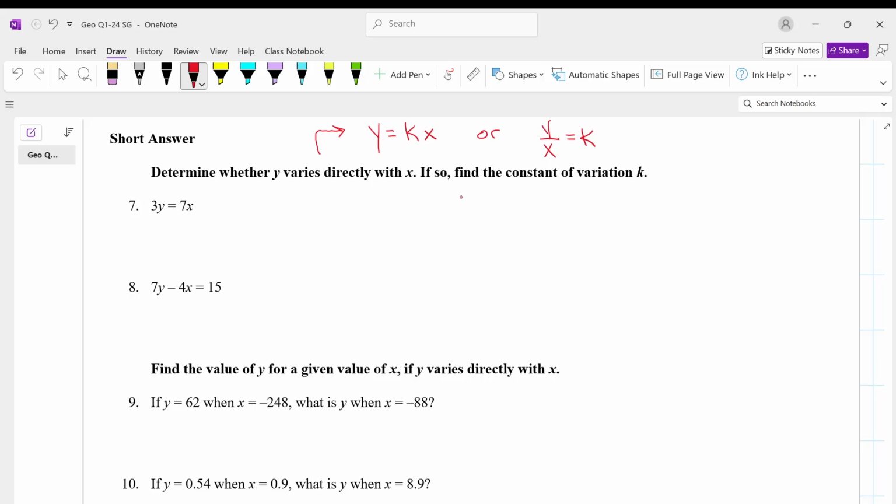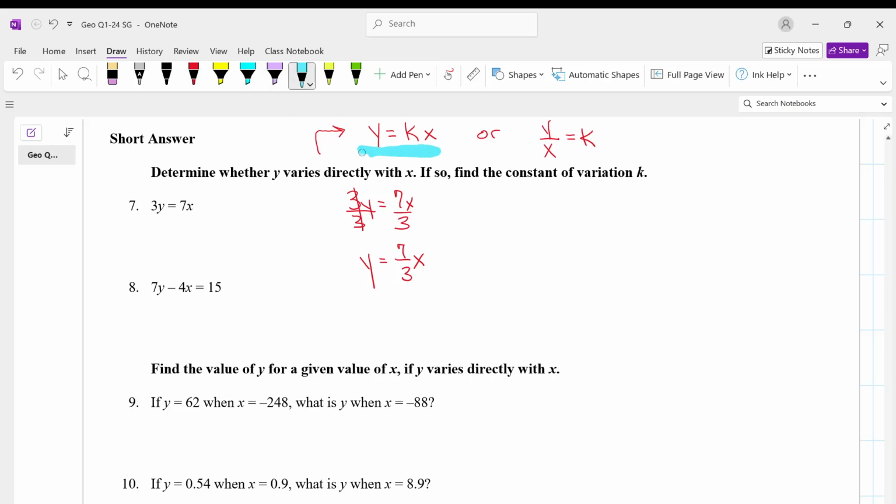So if we take 3y equal to 7x, and we divide both sides by 3, then we get y equal to 7/3 x. Well, that's in this first form right here.